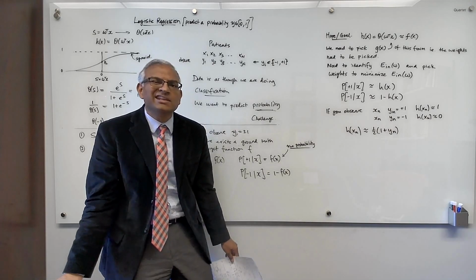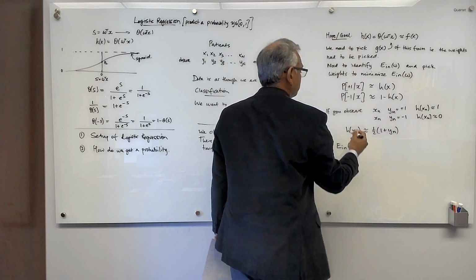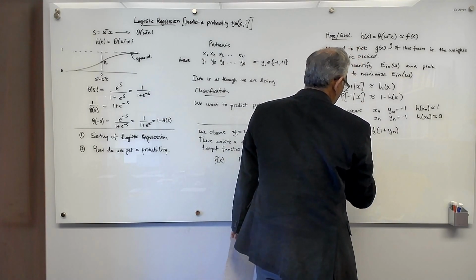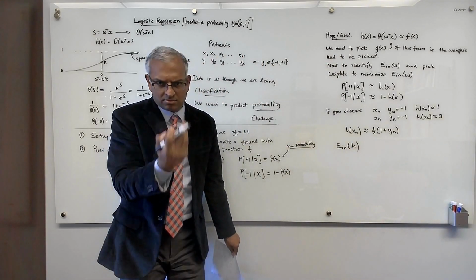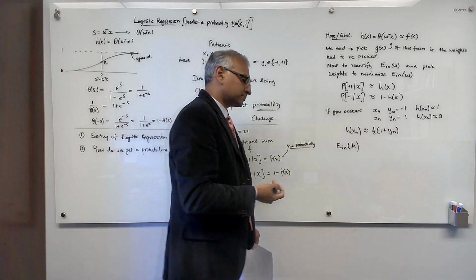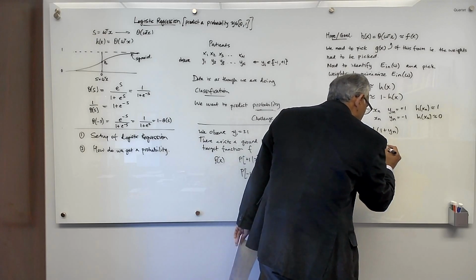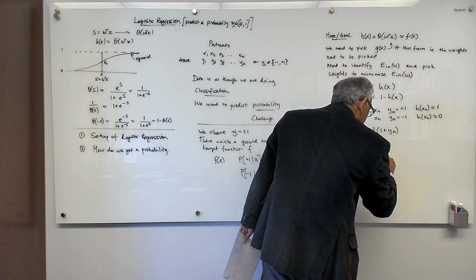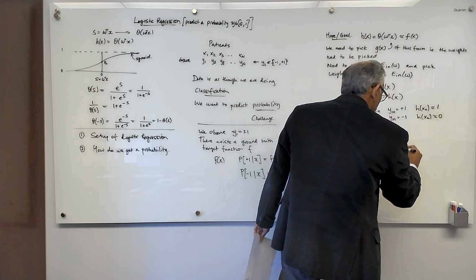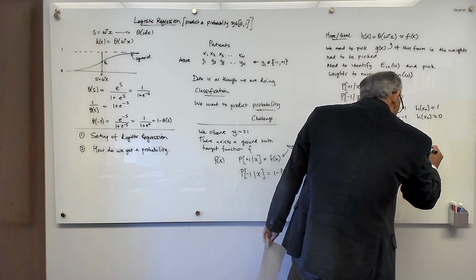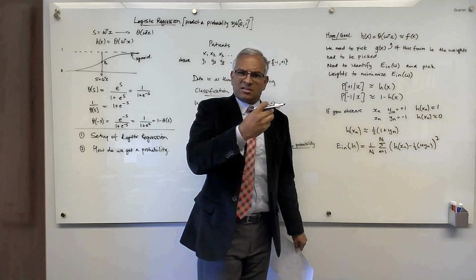Now we can easily construct an in-sample error. Let's for the moment call it E_in of h, but we know that to specify h, you just have to pick a set of weights w. E_in of h is equal to 1 over N, the sum from n equals 1 to N of (h of x_n minus 1/2 (1 plus y_n)) squared.